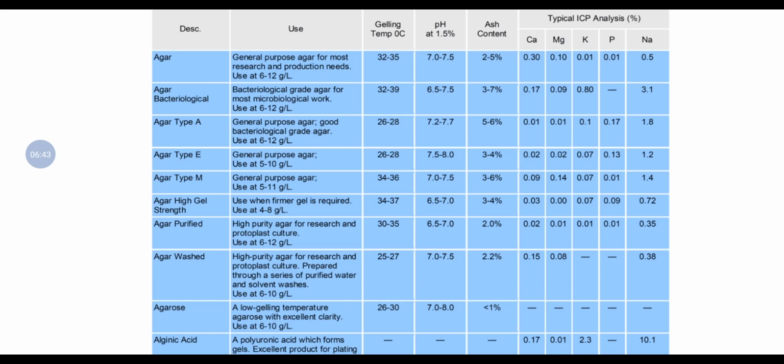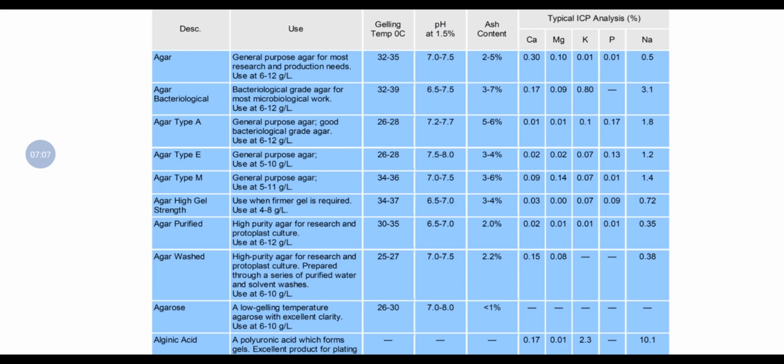Ash content is about 3 to 4%, calcium 0.03, absence of Mg, then 0.07% of K and 0.09% of P along with 0.72% of sodium. Purified agar has high purity and this is good for research and protoplast culture purpose.